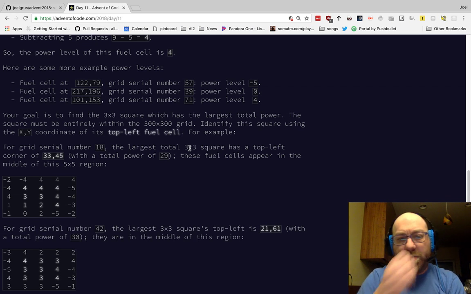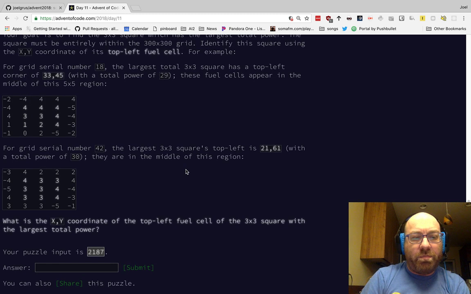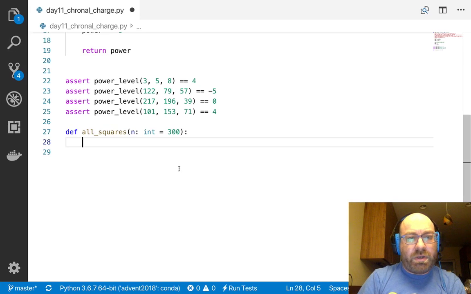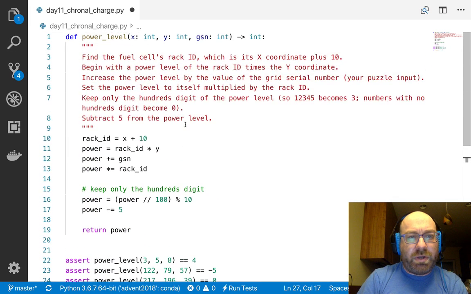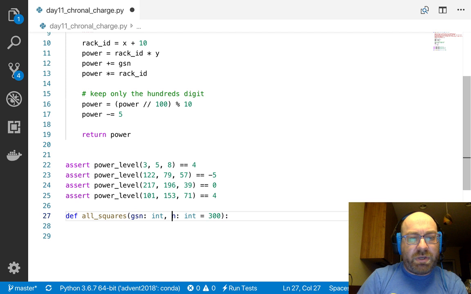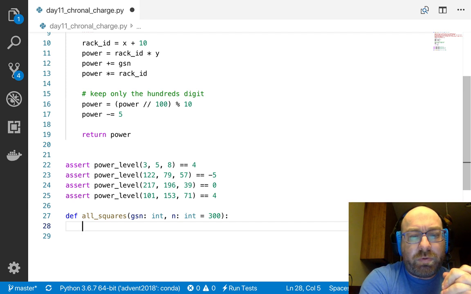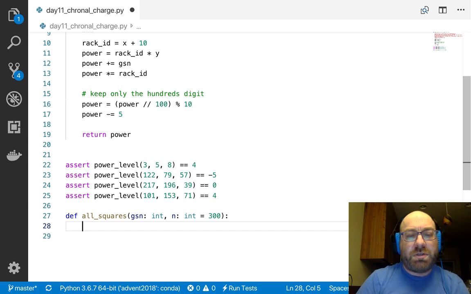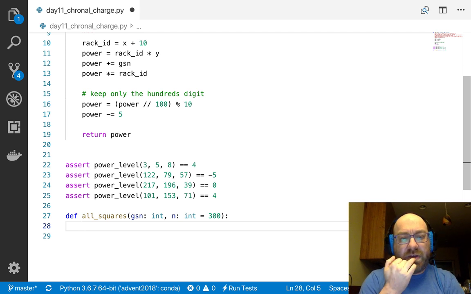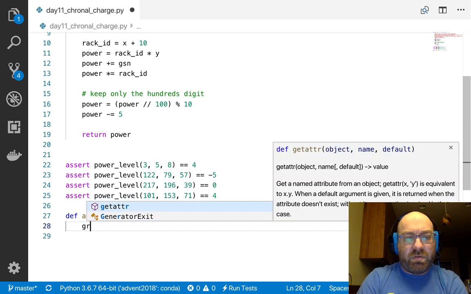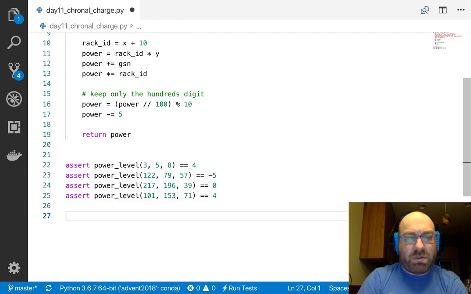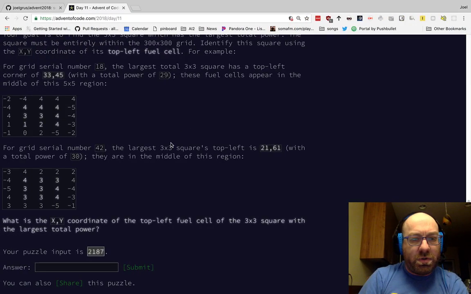I'm just going to use my indexes and figure it out. So we need to put in a GSN, which is an int, and some n. 300 times 300 is what? 90,000. So I can just do that. That's easy enough.